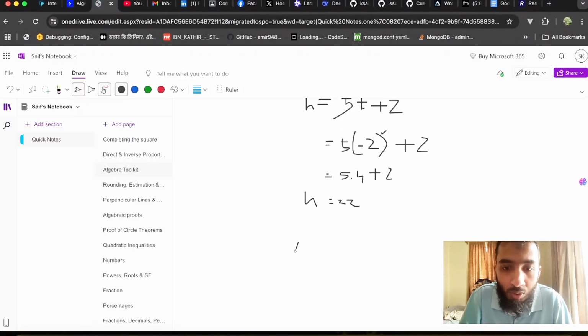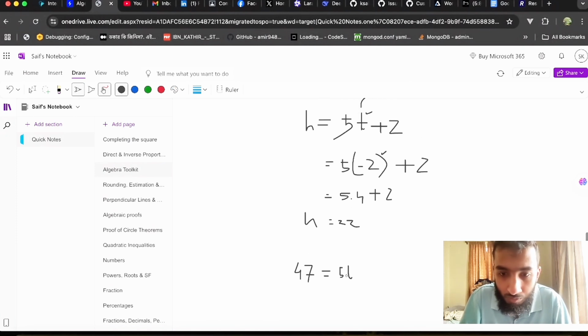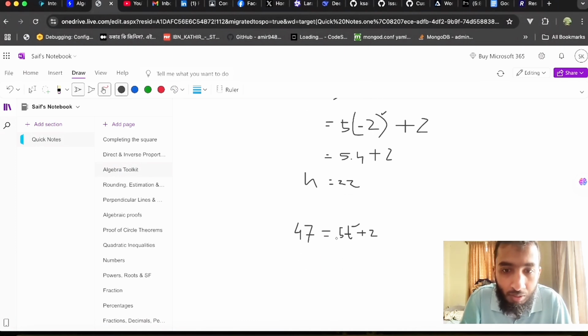So when h is 47, we get 47 equals 5t square plus 2. If I write it this way, 5t square plus 2 minus 47 is equal to 0.